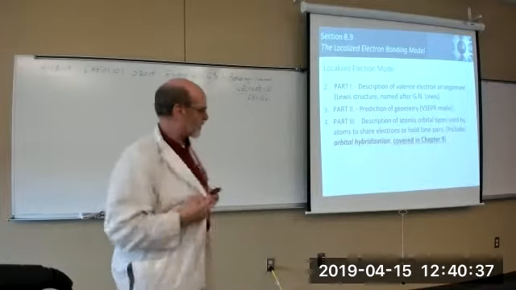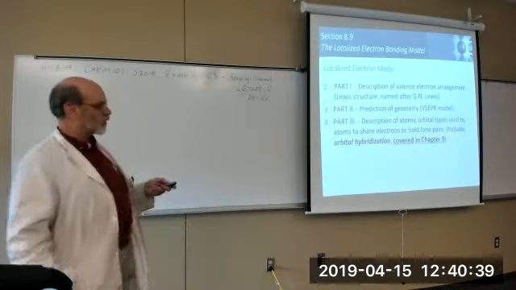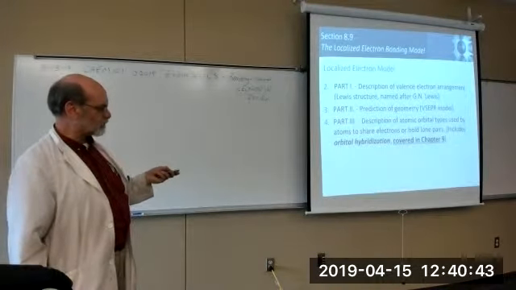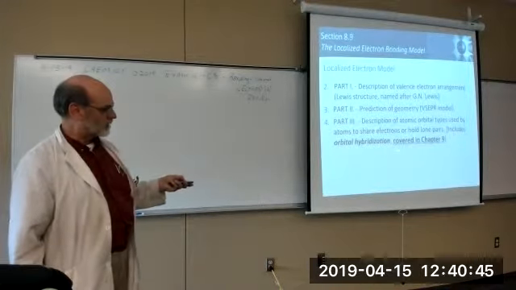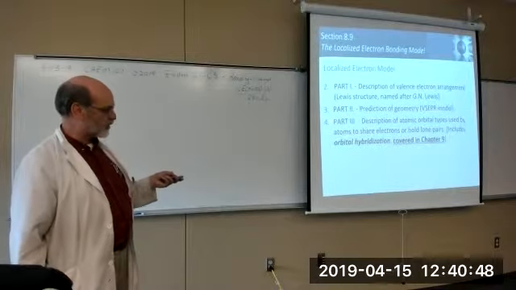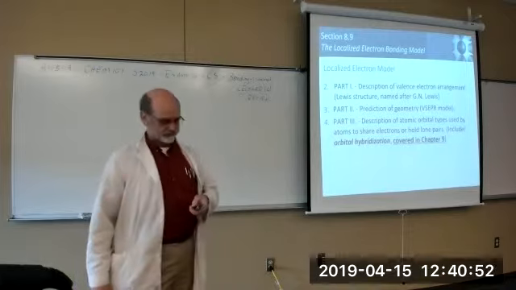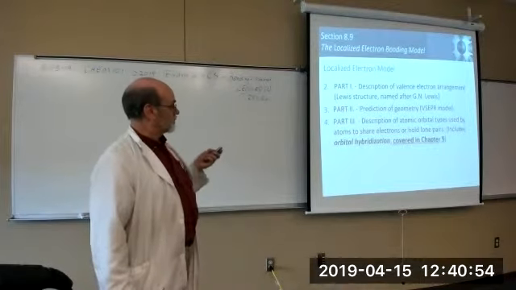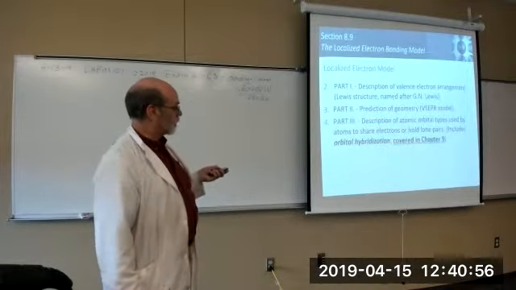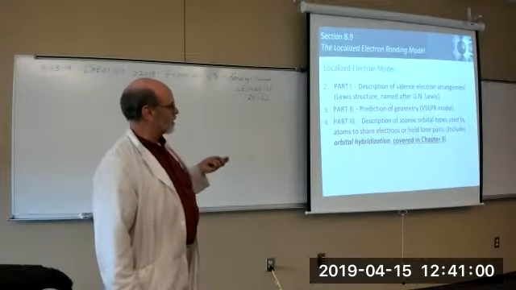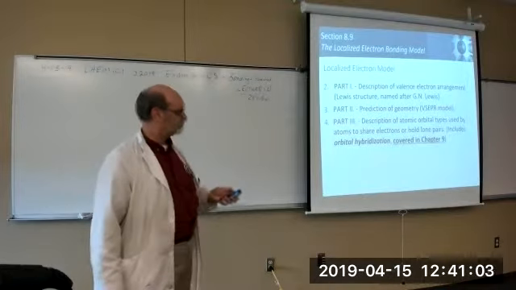I'll give you an example of that in a minute. Part 3 will come in chapter 9. And we're saving these concepts in part 3 for chapter 9 because we need a whole chapter to discuss them. So for chapter 8, we're only talking about Lewis dot structures and the VSEPR model of the localized electron model.